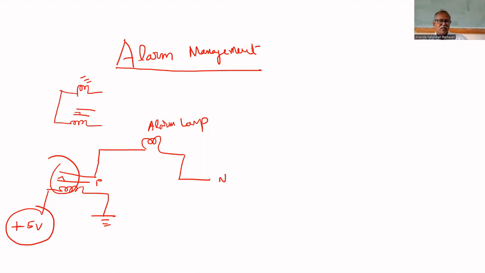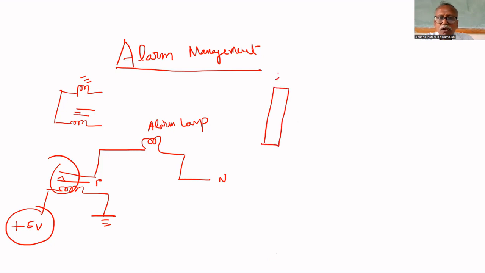This is conventional. The same can be done by using a PLC. For that, what is available? A plus 5 volt is available from the sensor. Logic 1 is available whenever the pressure exceeds the safer value. So that signal is to be used to operate the PLC.